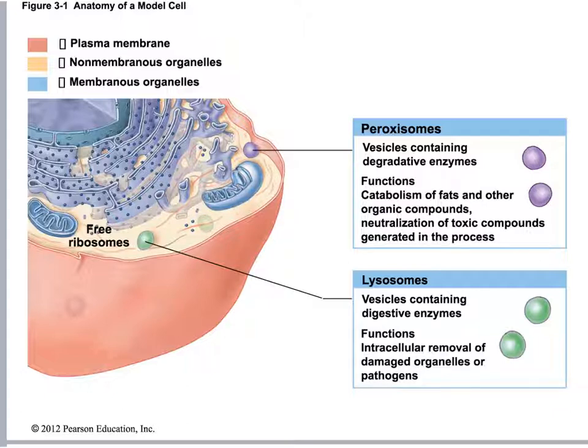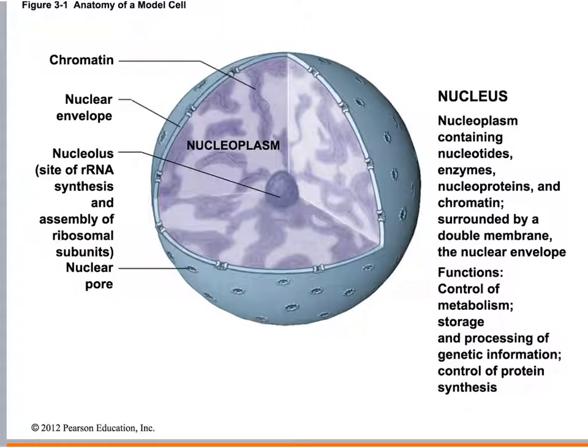And then the lysosomes, they contain digestive enzymes, and their function is the removal of damaged organelles or pathogens. Here we have the nucleus, and in the middle we have the nucleolus with the nucleoplasm. Remember, the nucleus is the main control center of the cell, and it's where all genetic information is stored.